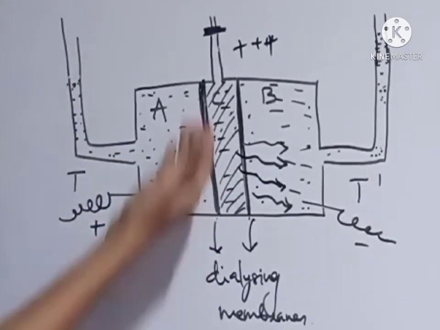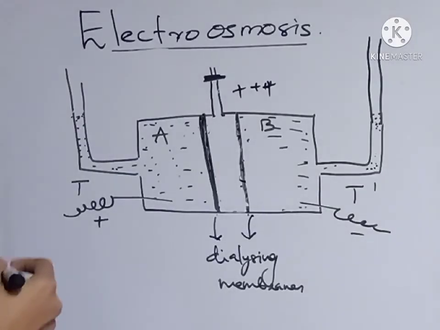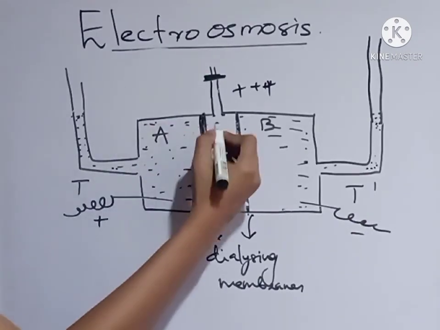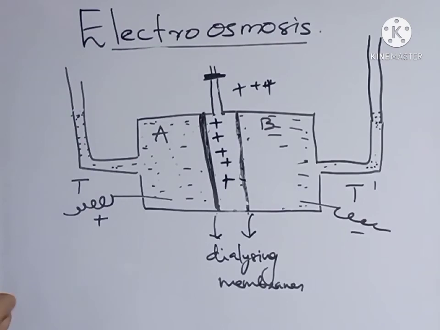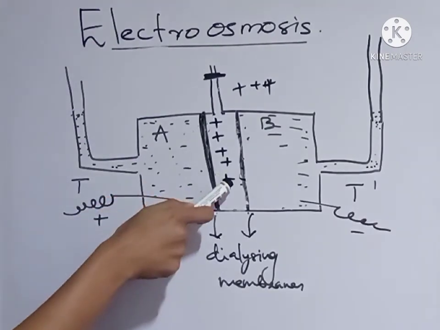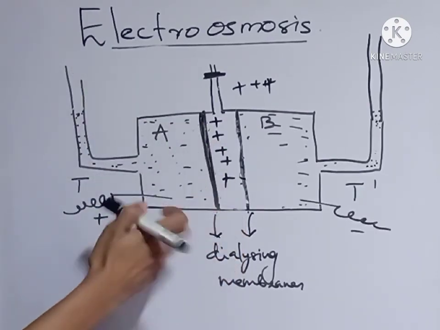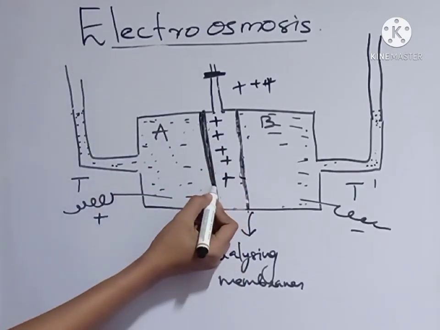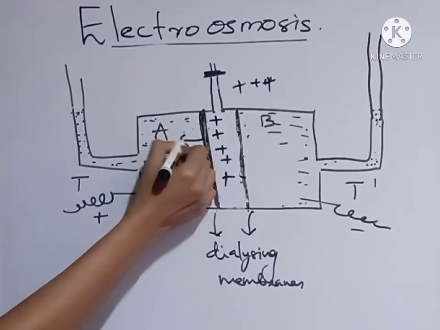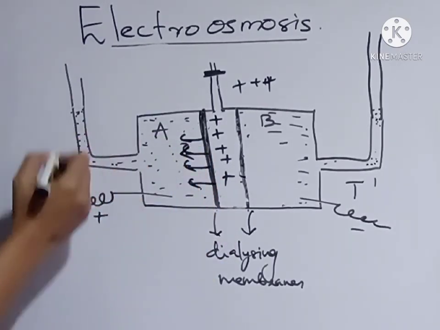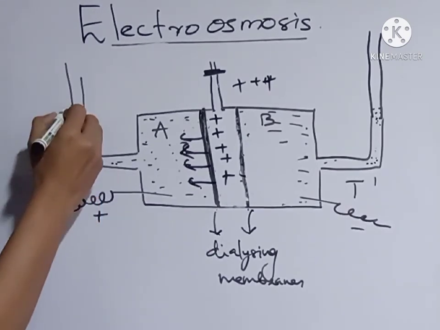So what happens if the colloidal particle is positively charged? If the colloidal particles are positively charged, the medium will be negative in charge. So when the electric field is applied, the negatively charged medium will move towards the positively charged region. The water level in the tube T will be raised.